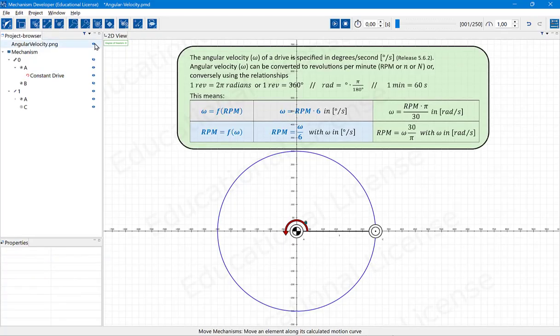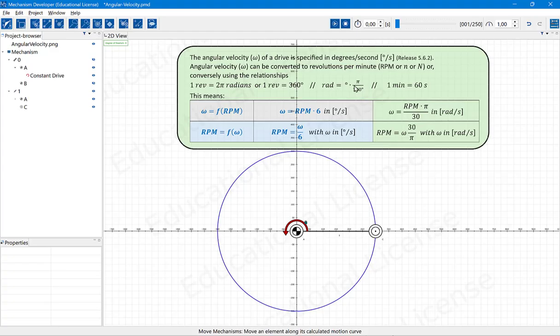And to have a little background, I show you here what's behind this. The angular velocity described here is specified in degrees per second in this release, and the angular velocity can also be converted into revolutions per minute, RPM or n or capital N, or conversely using these relationships that you know very well. 1 revolution is equal to 2 pi, or 1 revolution is equal to 360 degrees.